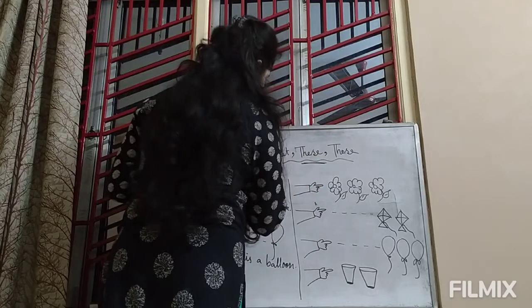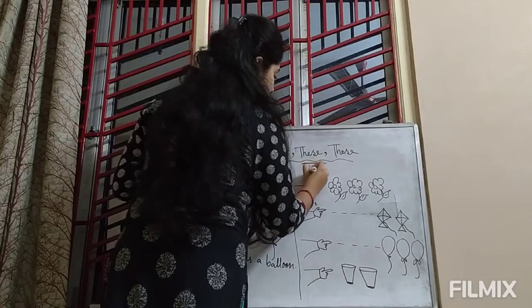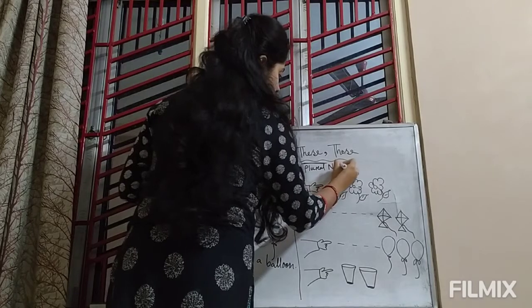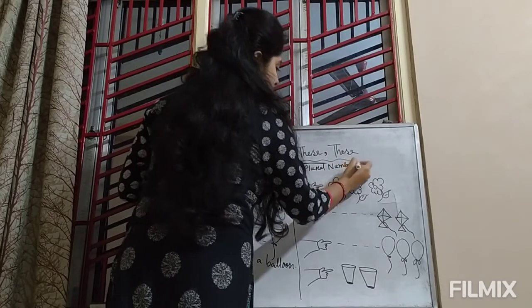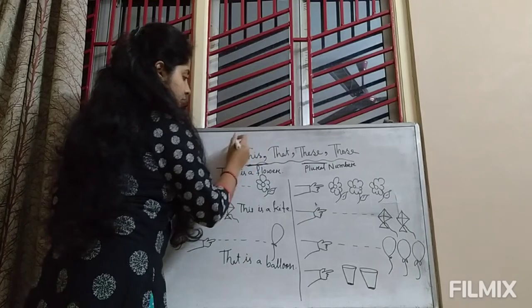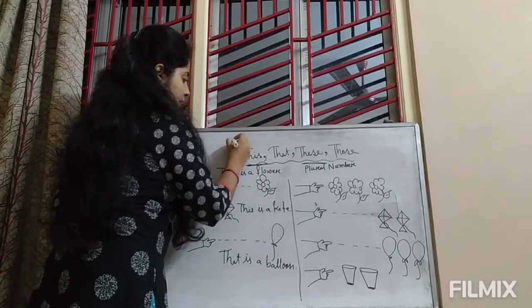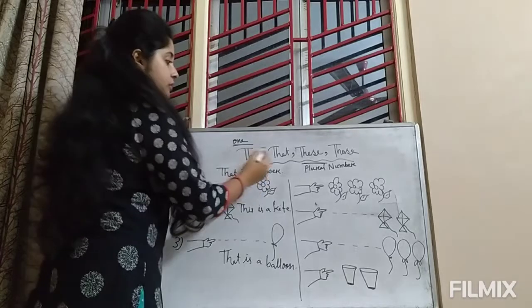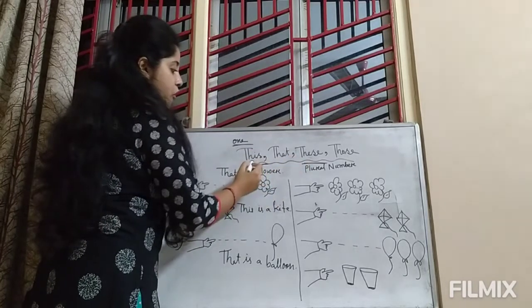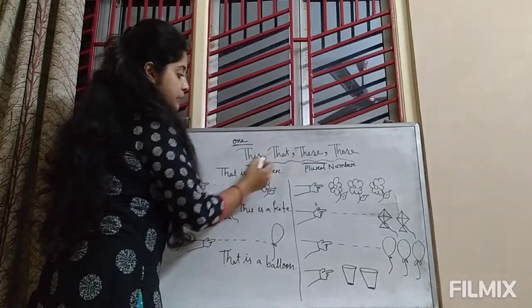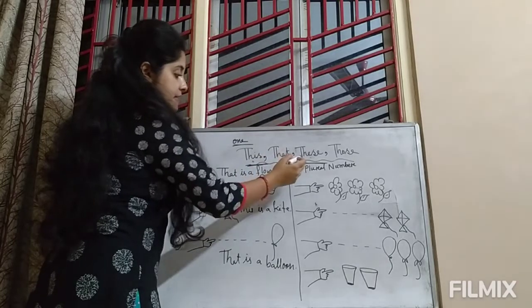This is the plural number. Plural number means more than 1, and this means only 1. So these is the plural form of this.